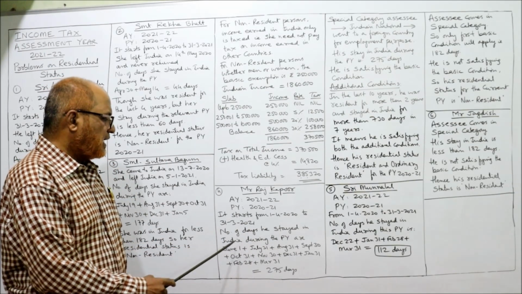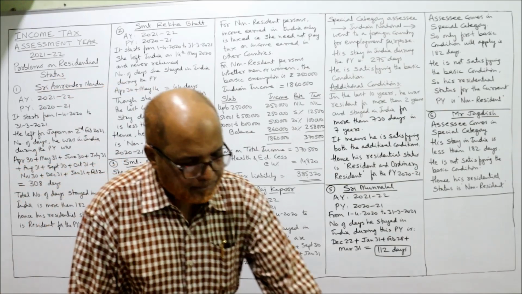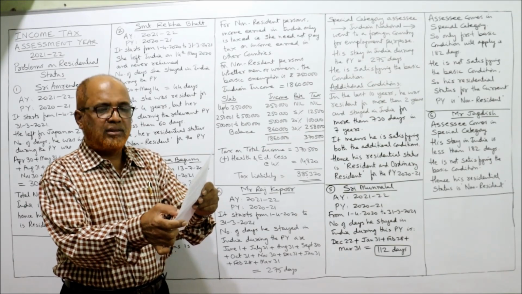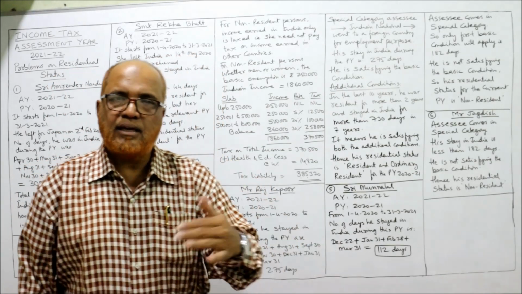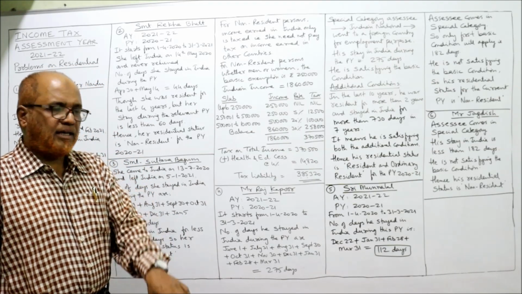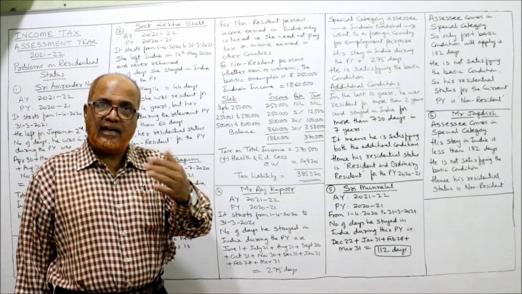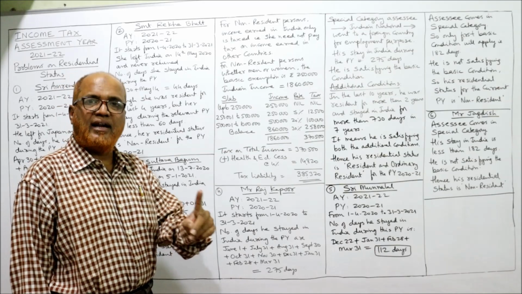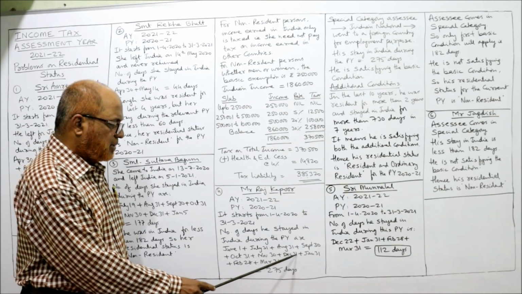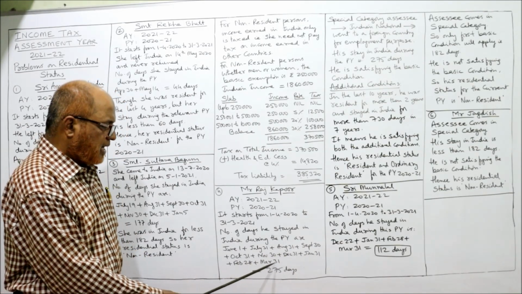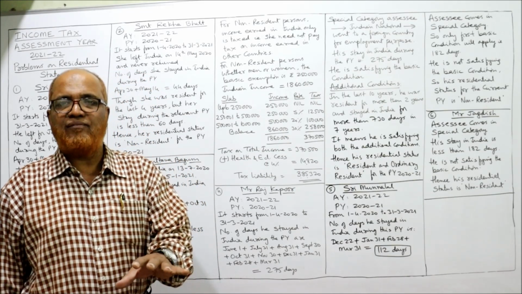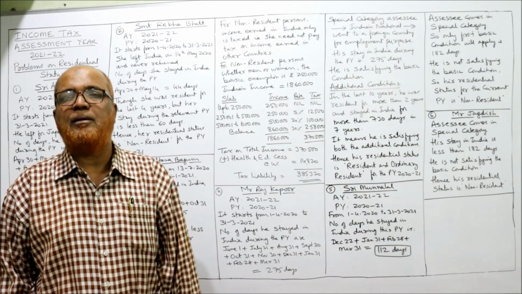Number of days he stayed in India during the previous year: when he came back to India on 30th June 2020, one day of June, because 30th June means we include the 30th June in India. Then July 31, August 31, September 30, October 31, November 30, December 31, January 31, February 28, March 31. Totally 275 days he stayed in India during the current previous year.